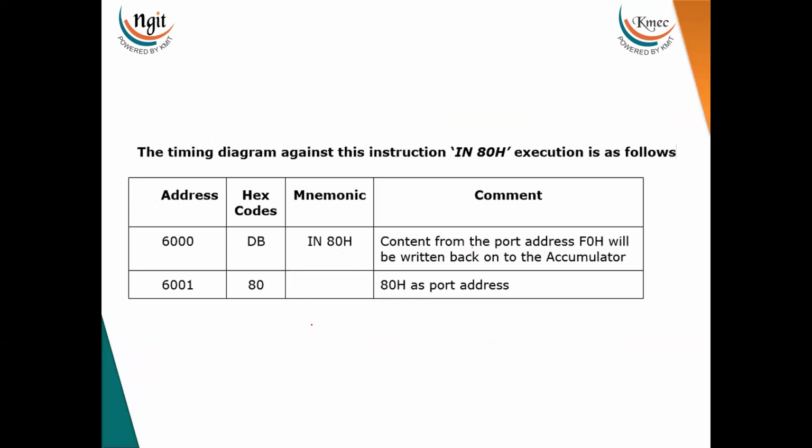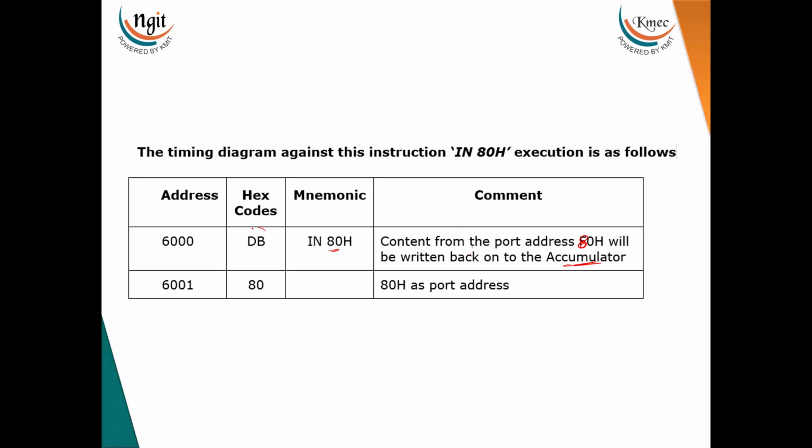So here I have used the instruction IN 80, where 80 is the port address. From port 80, the data is placed onto the accumulator in the microprocessor. That is the IN instruction. IN is for reading the data from the input device into the microprocessor.